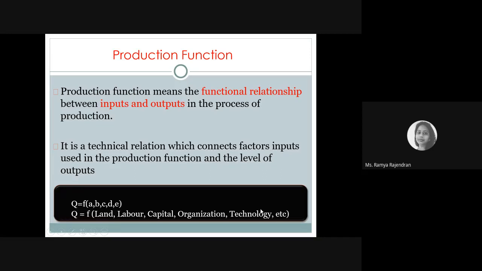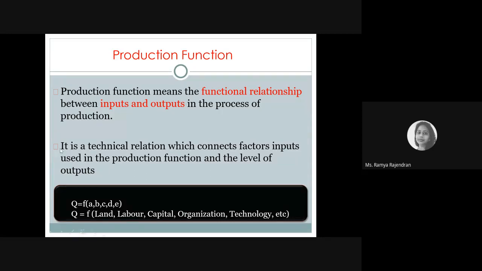Based on the number of factors you have in this function, you can add to it according to the business scenario you are in, and then you can create a production function. It's just a complete relationship between the inputs, which are the factors for production.